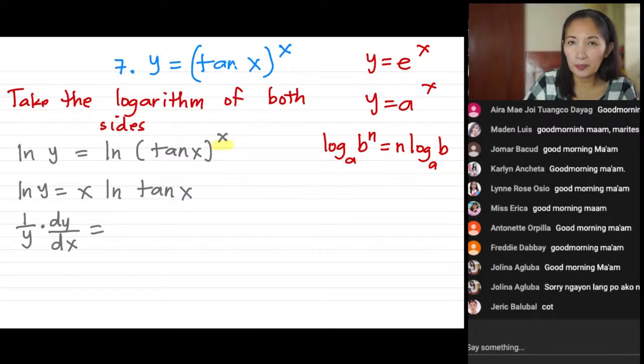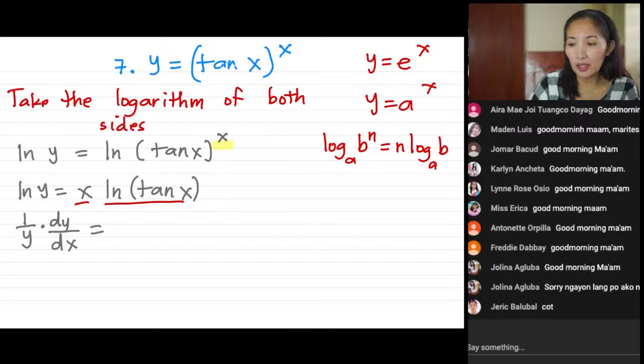You can use y prime or dy over dx. Equals. Looking at the right side of the equation, we have a product: x times the natural logarithm of tangent x. Take note that we have to enclose it in a pair of parentheses. So, u times v.